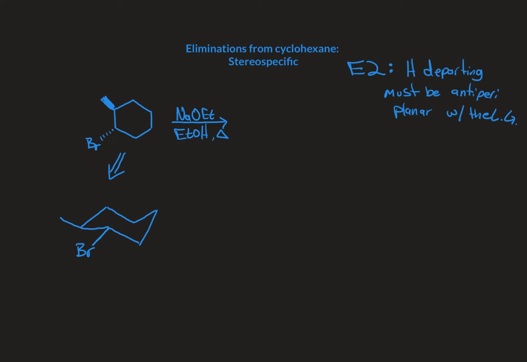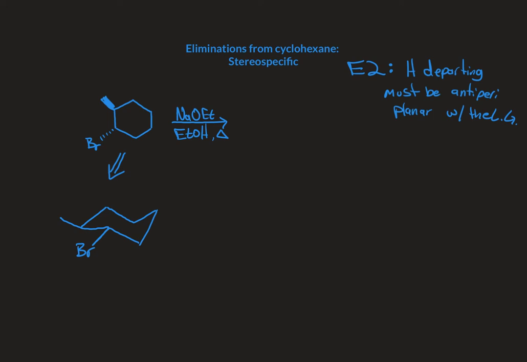Notice my Br is down, my methyl group is up. They're both equatorial. Because bromine is equatorial, there are no anti-periplanar hydrogens in this molecule.